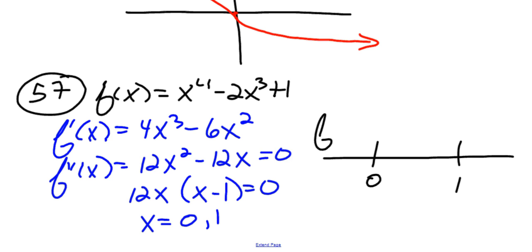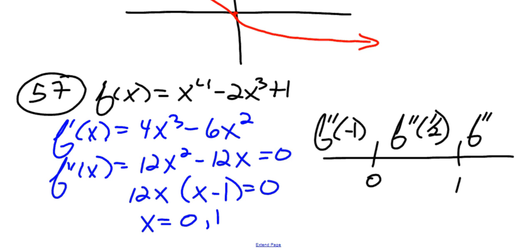Remember, you're plugging back into the second derivative, so I'm going to plug in a negative 1 back into the second derivative. Here, I'm going to plug in a positive 1/2. And my last interval here, I'm going to plug in a positive 2. When I did this, I checked for sign. Turns out this is positive, this was negative, and this was positive.